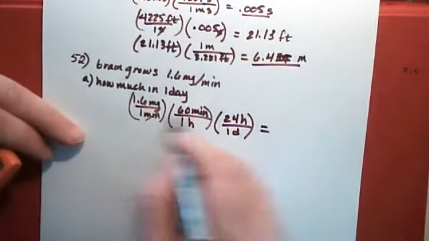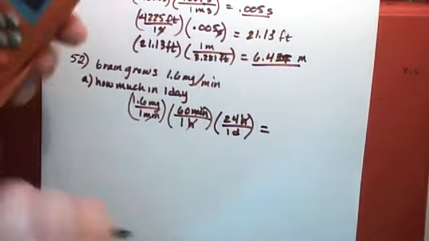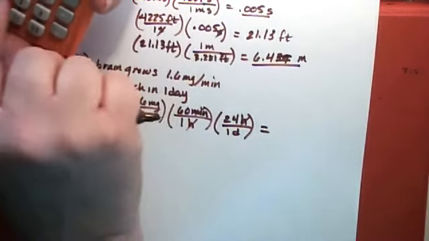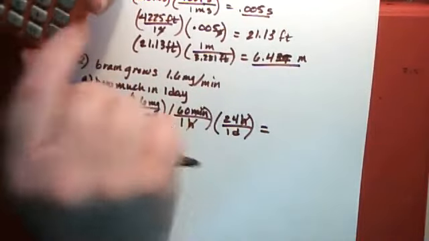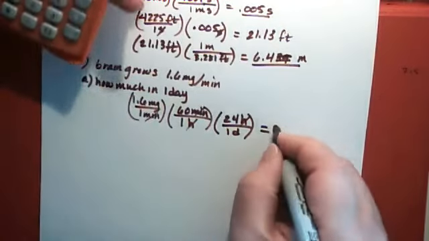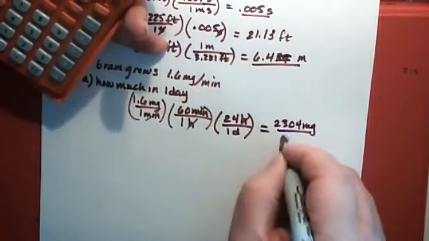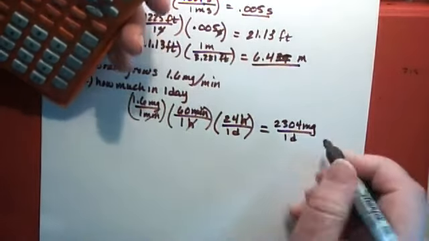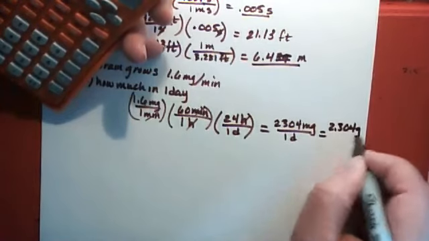So minutes cancel, hours cancel, and we end up with milligrams per day. 1.6 times 60 times 24 gives us 2,304 milligrams per day, or 2.304 grams per day.